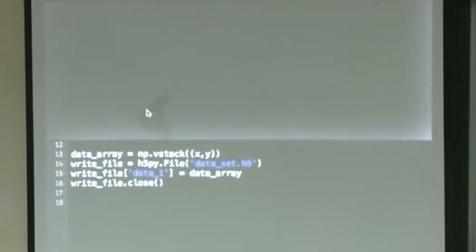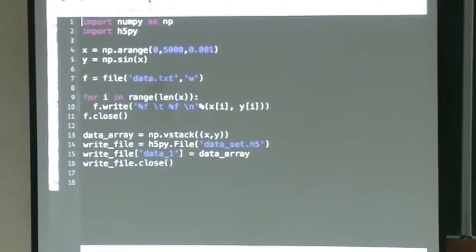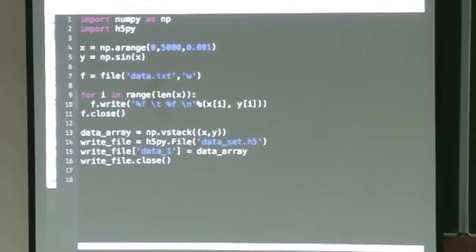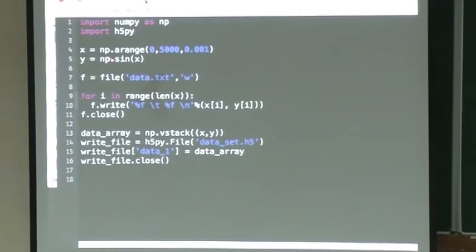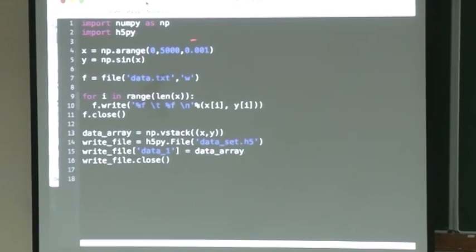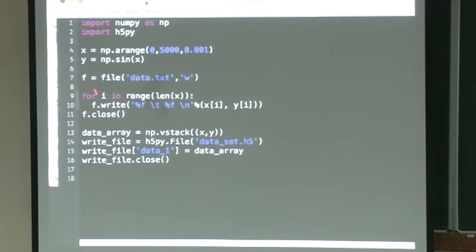So, I have written one code to create data. This is a code where I import the library numpy, then another library h5py, and I write x from 0 to 5000 with step 0.001, and y is just sin x, and again I create f for data.txt and write it in this loop which I have explained earlier.